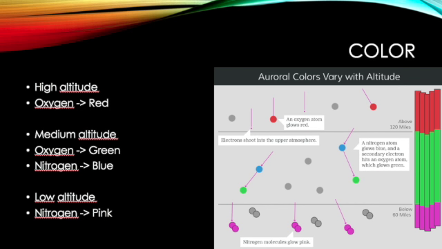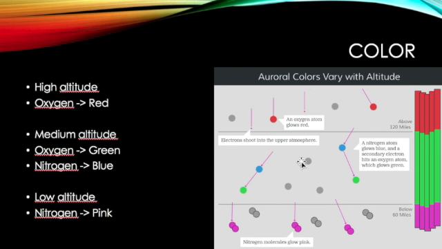In the image, we can see more clearly what I'm trying to explain. Depending on the altitude is how the collision with the molecule is going to react. At the higher altitude, if an oxygen molecule collides with a high energy particle, the oxygen atom glows red.